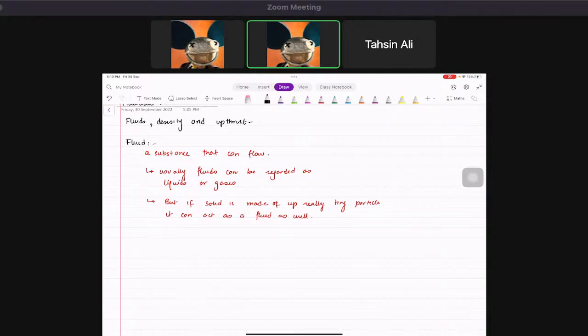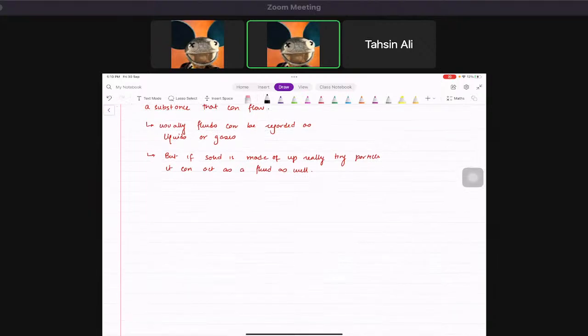Basically, we learned about mass, weight, volume, density, and pressure. And we're going to use all these things in this chapter as well.